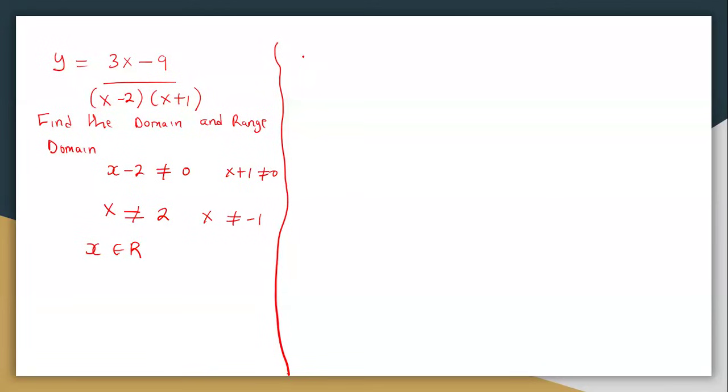So the range, like we said, you'll always say b squared minus 4ac greater than 0. Now, what do you do first? You first cross multiply. So I'll say y times x minus 2 times x plus 1 equals 3x minus 9. When you open up, you get x squared, x minus 2x, minus 2.